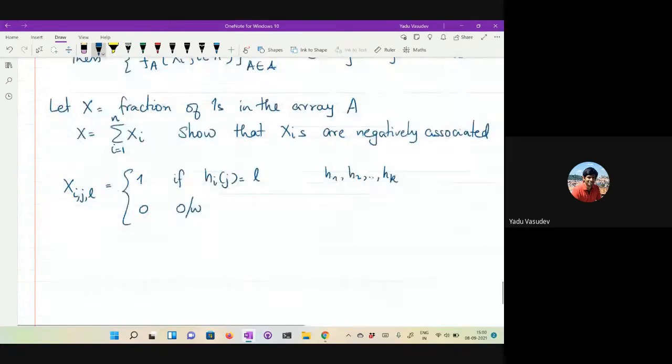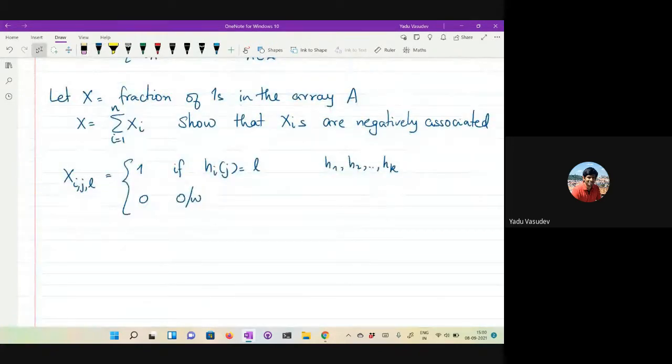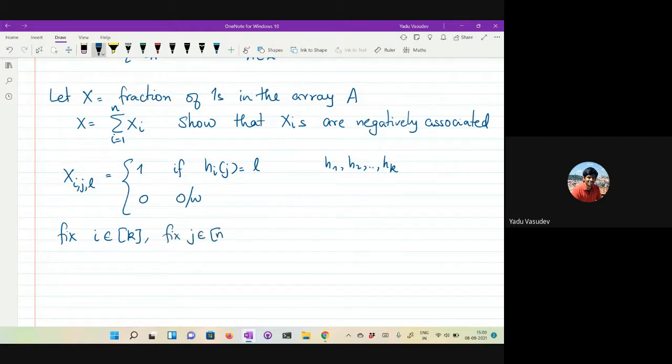Okay. So now let's fix i and fix j. Recall that j is an element of this set S, or the universe.